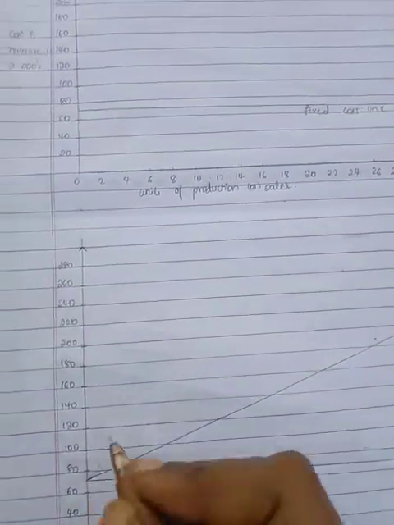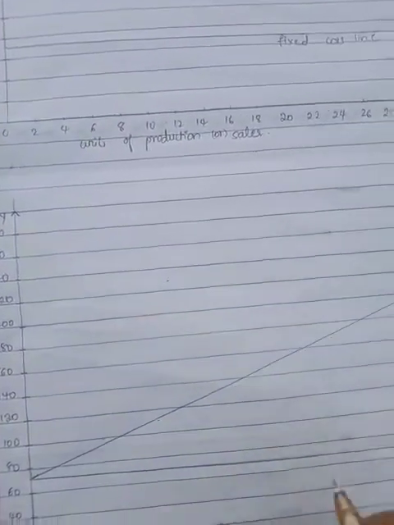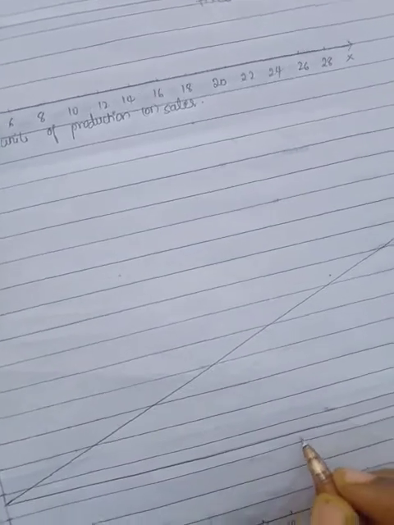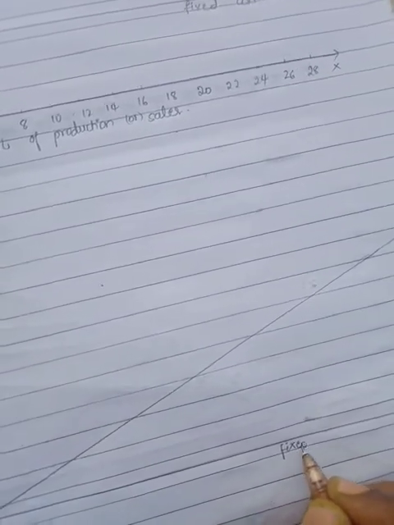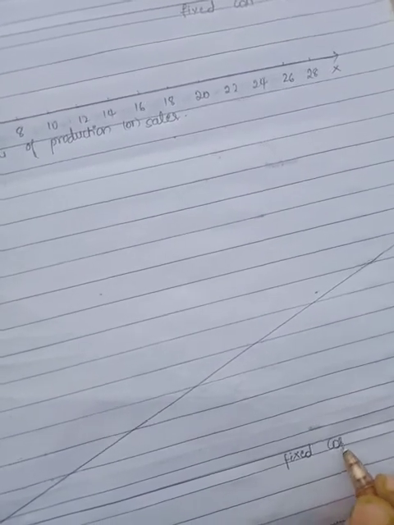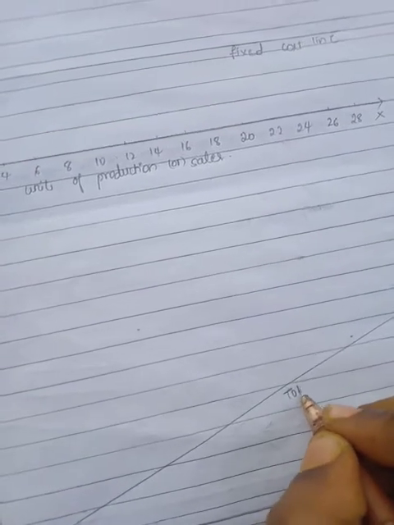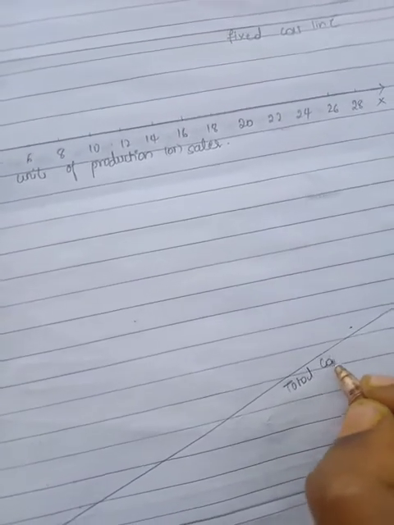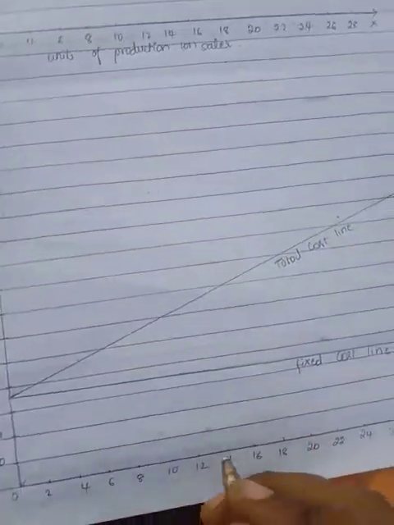So look, how to draw from the y-axis to the x-axis. This one is the fixed cost line, and this is the total cost line. What is this?